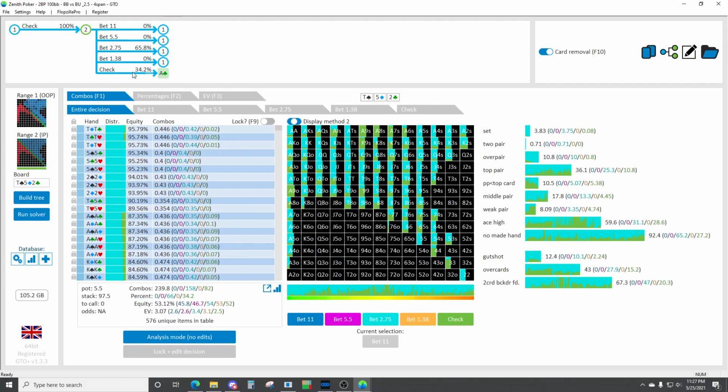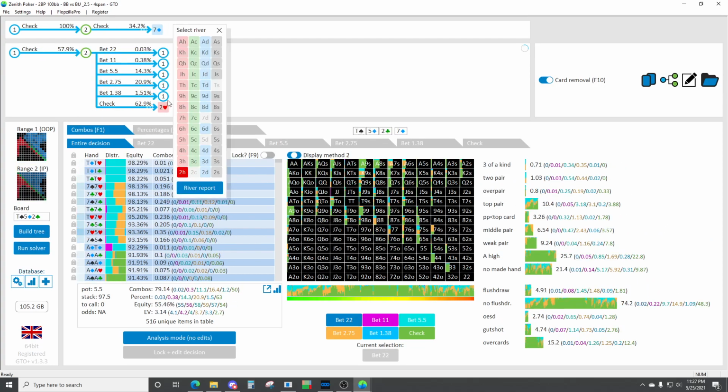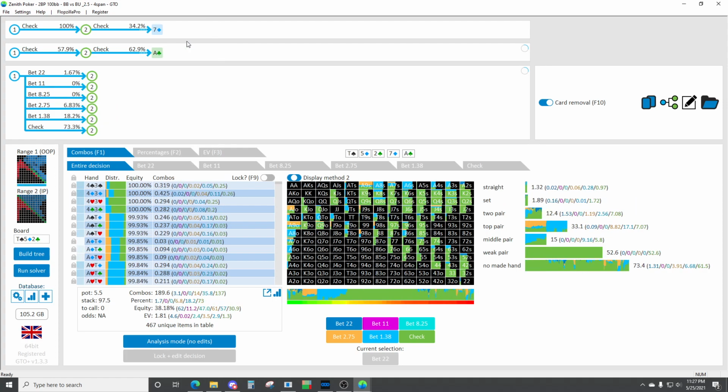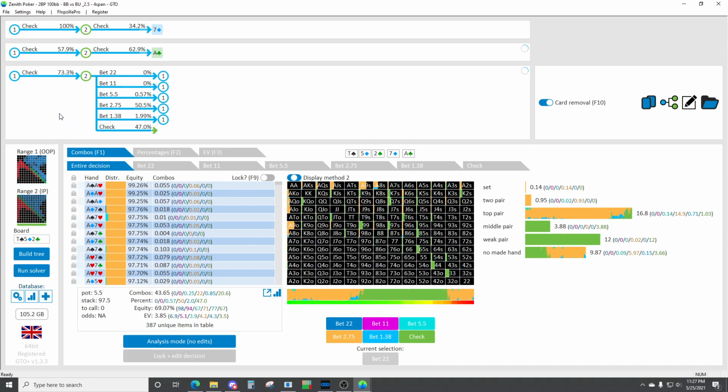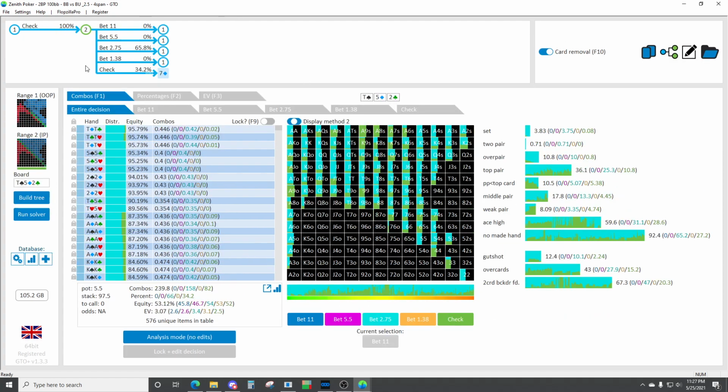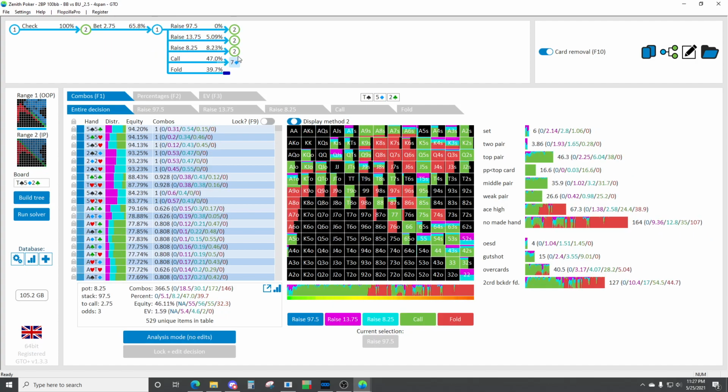And if we take a look at the check down line on a brick runout, you see equities run pretty close. In the check down line, the ace is obviously really nice for the in position player, just because they should be checking back a lot of ace high.